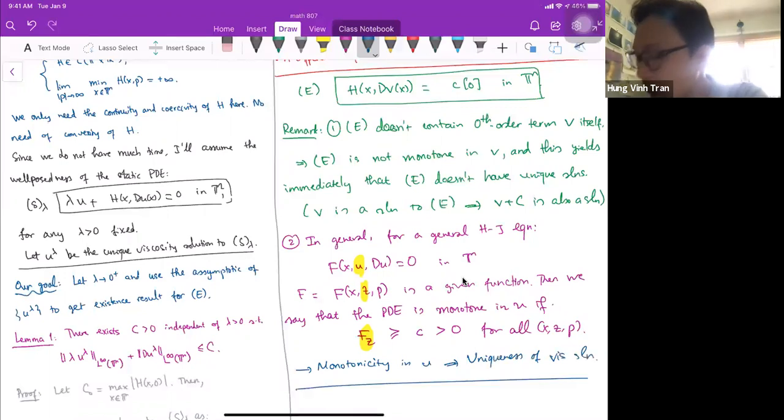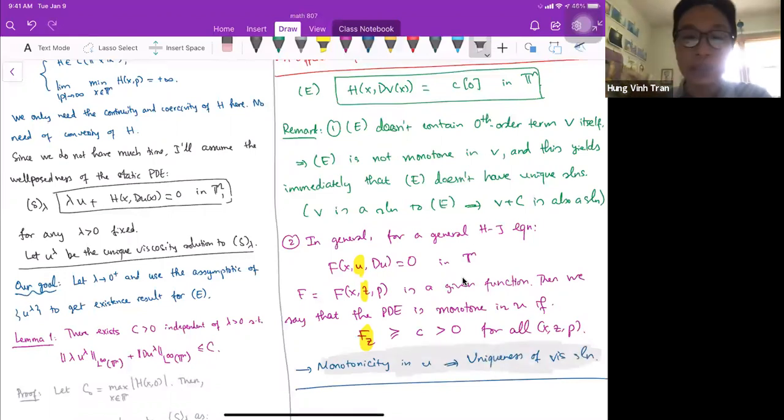That's the remark I want to make. As I said, chapter 1 in my book is quite clear about everything, but it's a general dictionary telling us that if the equation is monotone in u, then you have uniqueness of viscosity solution.